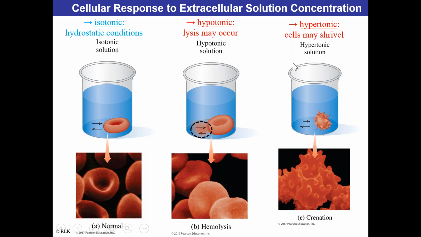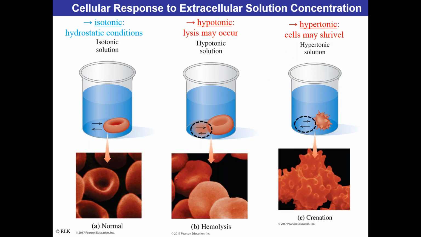And so your cells are going to have to respond to that insult by releasing fluid in order to regulate the equilibration of that solute and solvent concentration. Okay, so you have normal cell looking activity, you have hemolysis, and then you have crenation. Those are the two different conditions that can occur if you have a hypotonic and hypertonic condition, respectively.